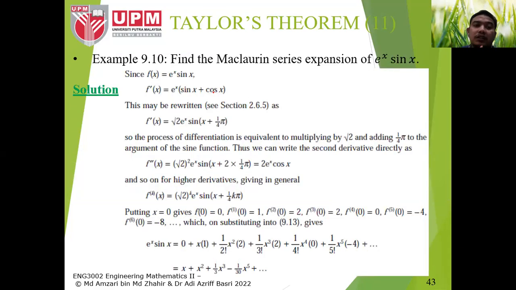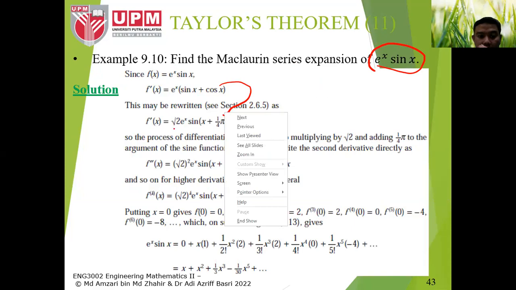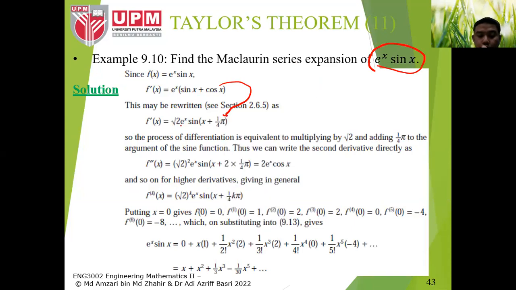Okay, we go for examples. Find the Maclaurin series expansion of e^x sin x. So we know the function f(x) is e^x sin x. When we take the first derivative, we get e^x sin x plus e^x cos x. By using the identity, you can get square root of 2 e^x sin(x plus pi over 4).